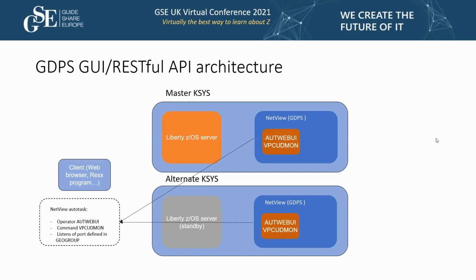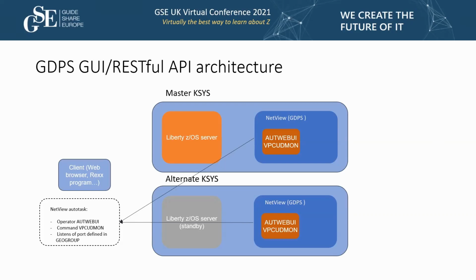Okay, so as I said, there is a new NetView operator that needs to be defined, as well as a corresponding system automation function. When they are defined, GDPS will automatically start this operator during the initialization phase of GDPS.